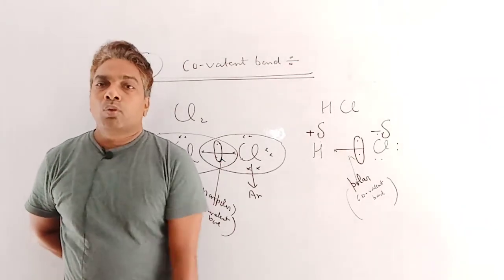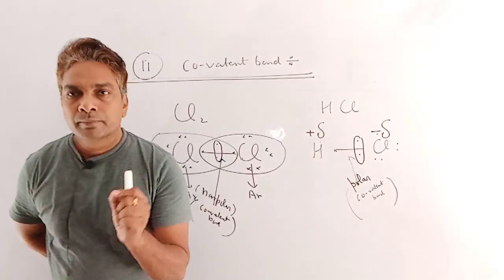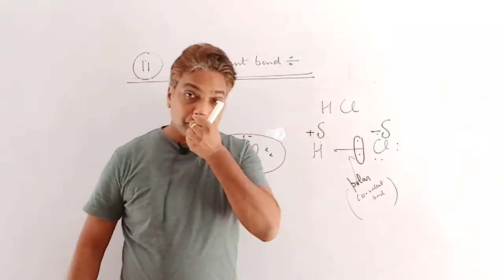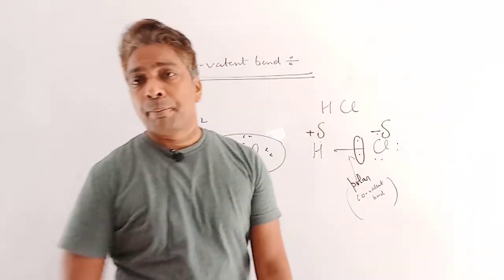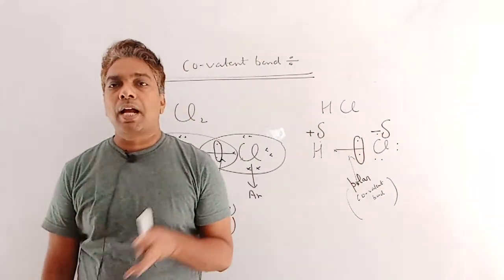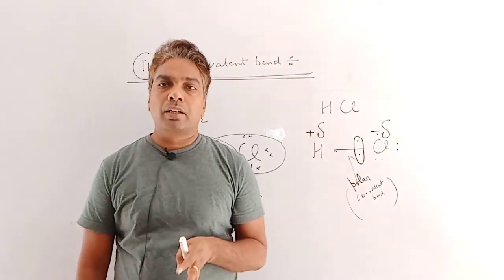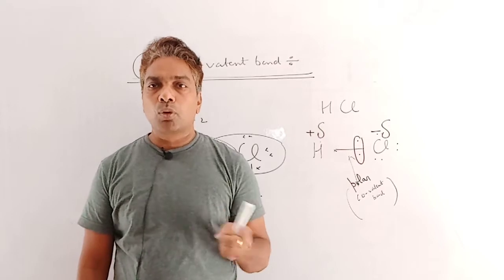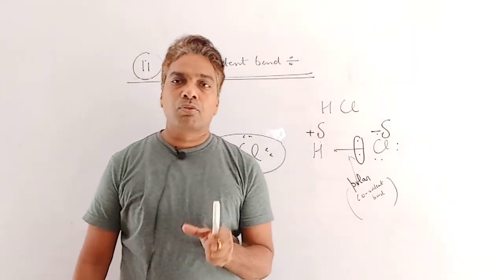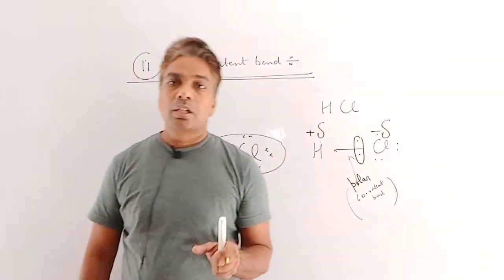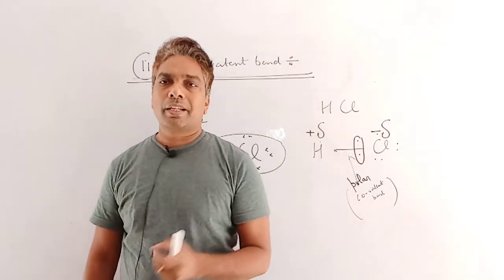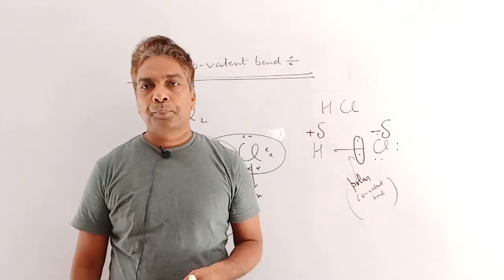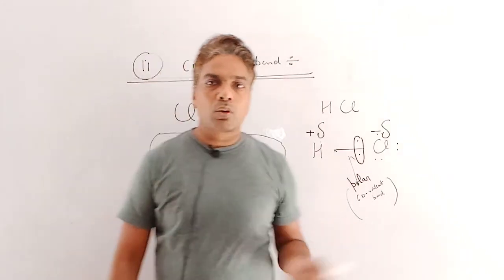What is non-polar covalent bond? So non-polar covalent bond is when the electronegativity of both shared atoms is the same, then the shared electrons are at the middle of both shared atoms. Such type of molecule or bond is known as non-polar covalent bond, like Cl2, O2, H2, N2, etc. And what is polar covalent bond?